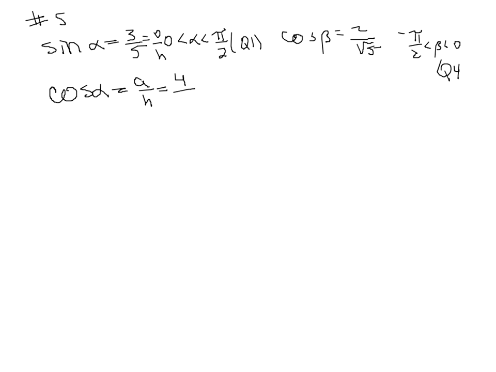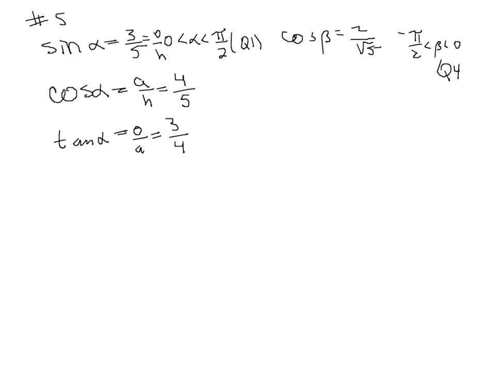So doing Pythagorean's theorem, I get the adjacent side to be 4, and the hypotenuse is 5. We're in quadrant 1, where cosine's positive. Tangent alpha is opposite over adjacent. So opposite is 3, and adjacent is 4. Again, we're in quadrant 1, so tangent's positive.